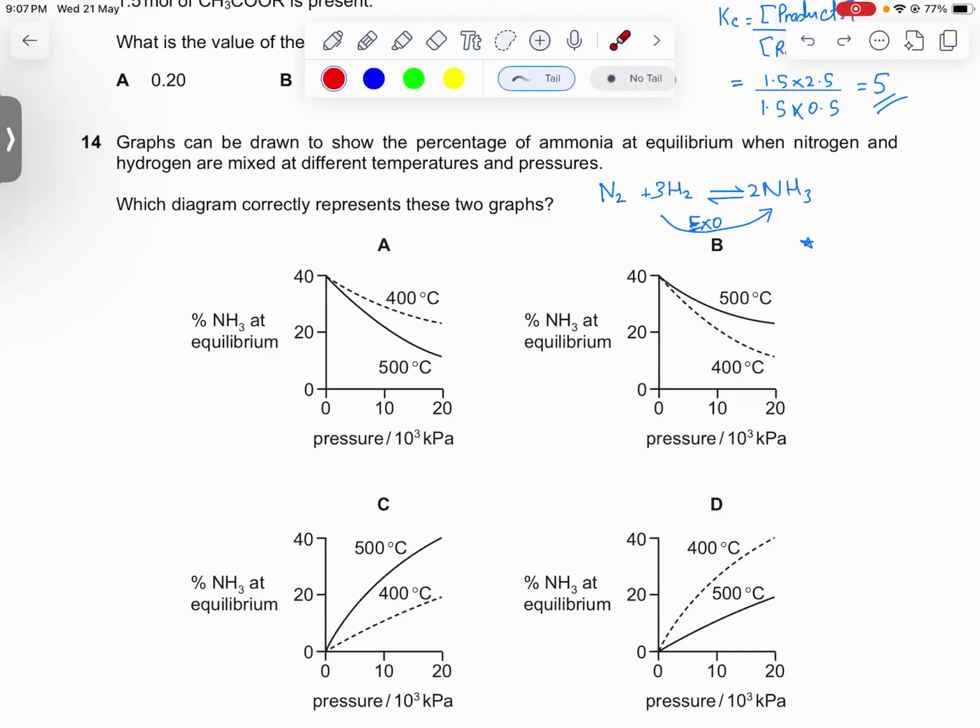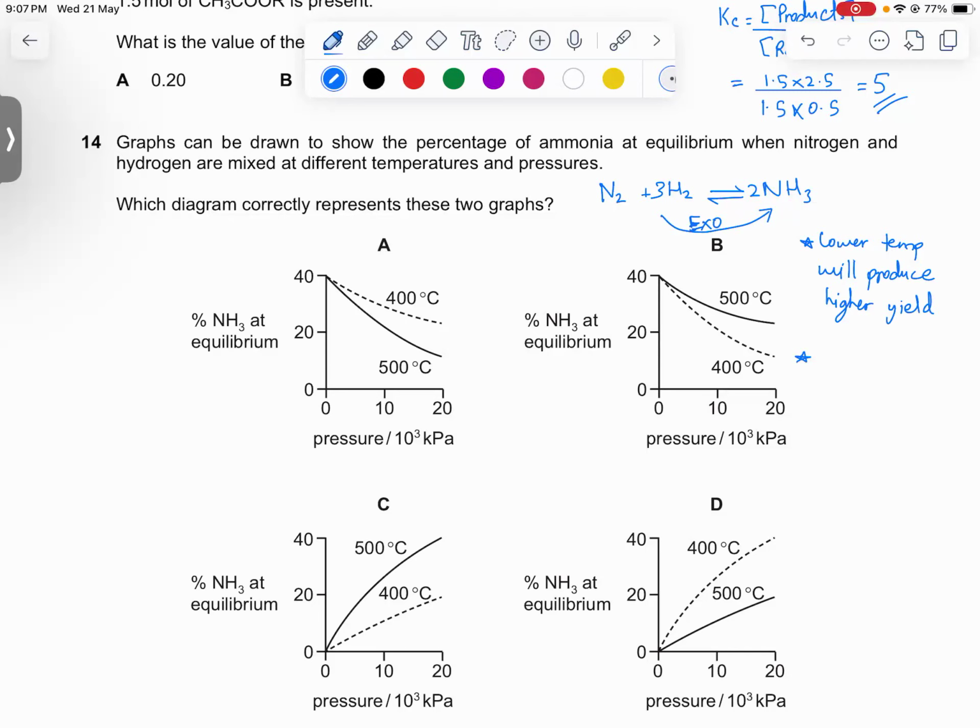So lower temperature will produce higher yield.